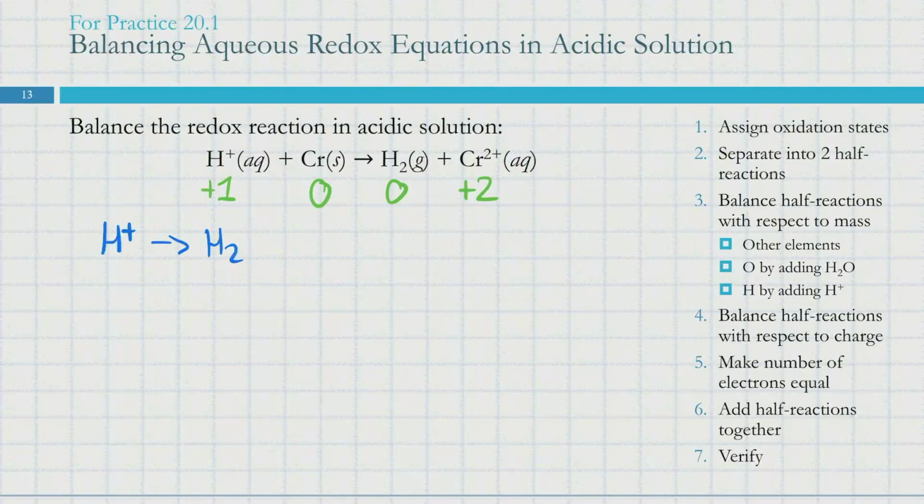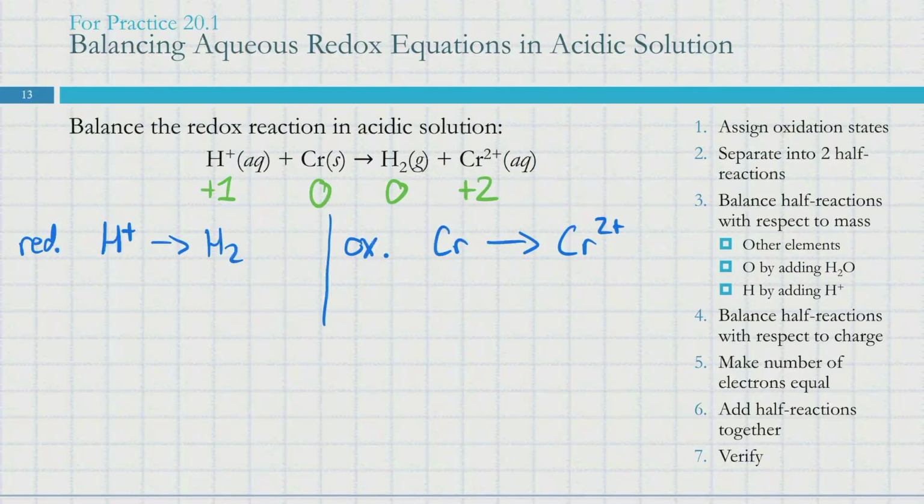This is our reduction half reaction because hydrogen is going from a +1 state to a 0 state. It's reducing its oxidation number. That makes our other one our oxidation half reaction, which is chromium going to chromium 2+ ion.